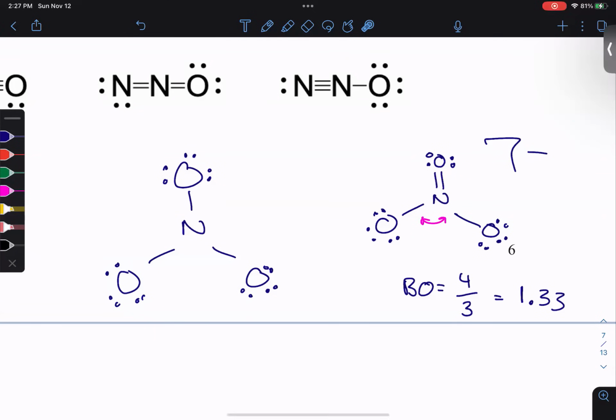You would think that double bond takes up more room, but that double bond actually doesn't exist there. It's in all 3 locations. The nitrogen-oxygen bond order in this molecule is actually 1.33. It's not a double bond and 2 single bonds. And it's due to resonance, right? So resonance affects bond orders, bond strength, bond length, and bond angles. So this bond angle is exactly 120 degrees because that double bond doesn't actually exist there.